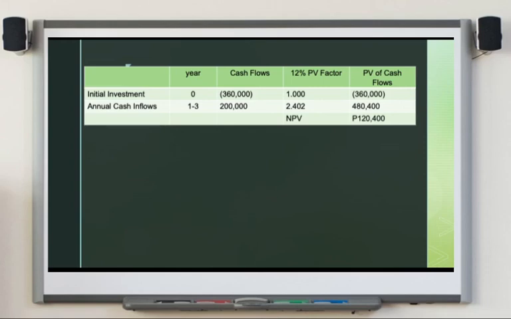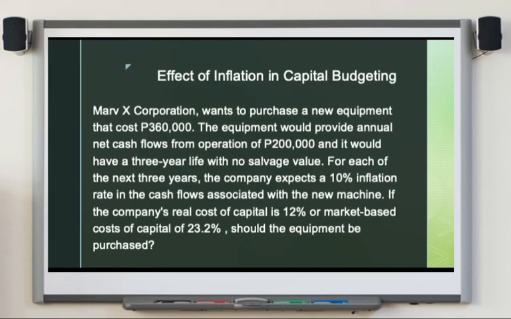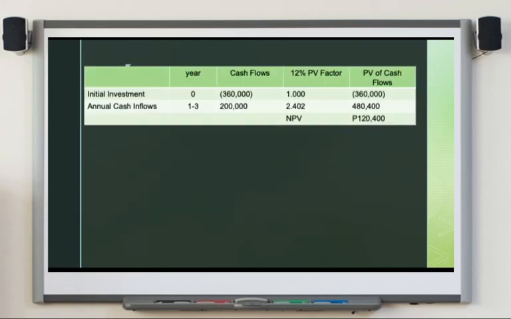Now, if we will be considering the inflation, we need to compute first the price index, considering a 10% inflation rate. Let me just go back to the previous slide. Yes, 10% inflation rate.